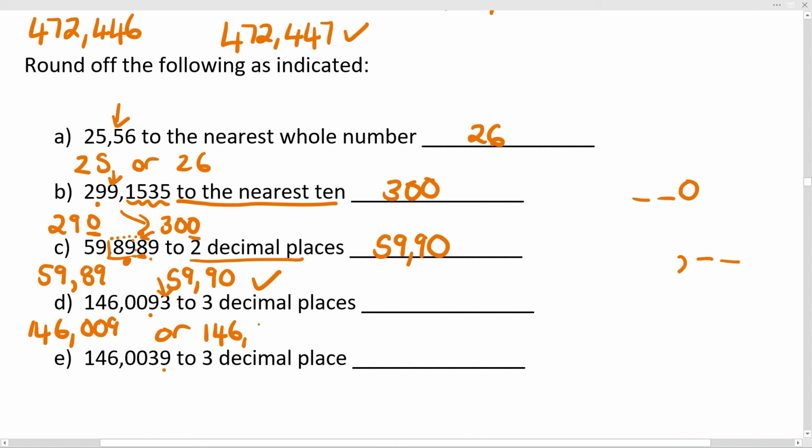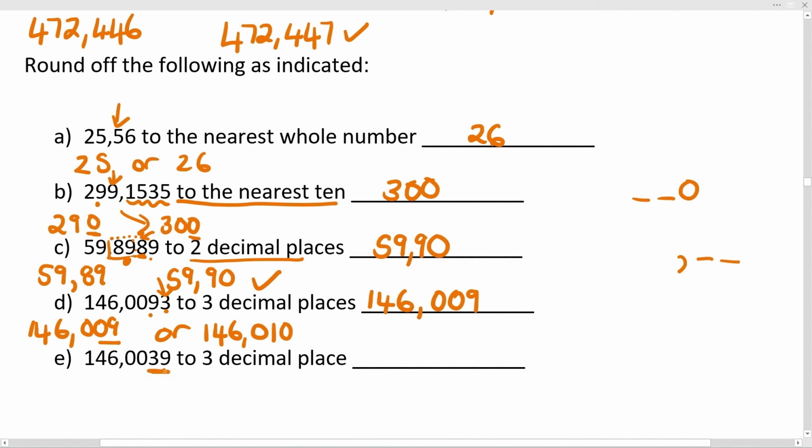Instead of 009, what comes after 9 will be 10, so it'll be 010, which, look at it carefully, is actually higher than 009. Okay, so what's it going to be? The 3 tells me leave it the way it is. Which means my answer will be 146,009, and it rounds down.